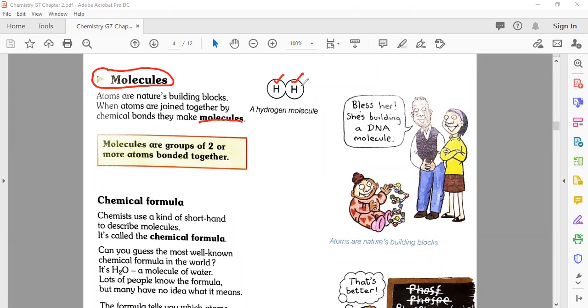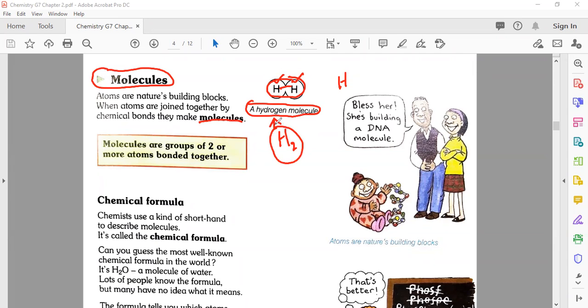When they join together, how do they join? Chemically. Very good. So this is a hydrogen molecule. This is a simple hydrogen atom. When you write like this, H2, this is the molecule of hydrogen.